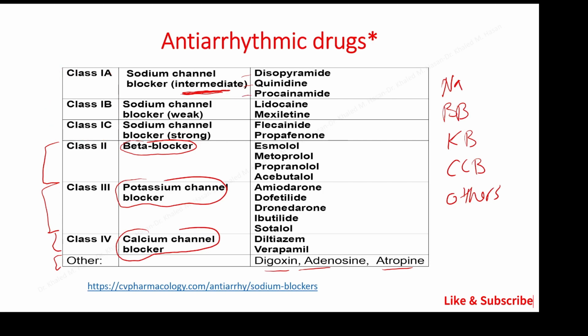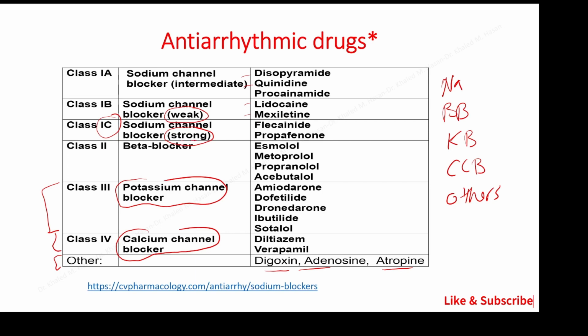Then moving to class 1B. For class 1B, we have 2 medications, maybe more: lidocaine and mexiletine. Class 1B is considered a weak sodium channel blocker. Moving to class 1C, which is considered the strongest. So for 1A, 1B, and 1C, we can look at these medications according to potency.